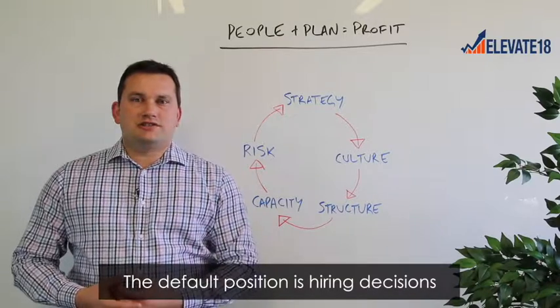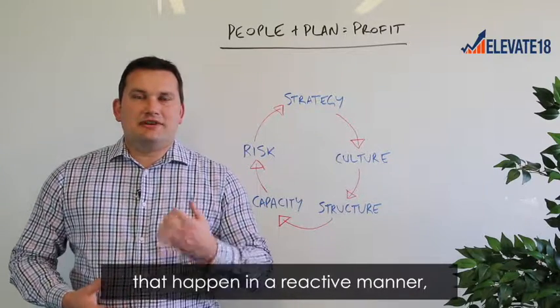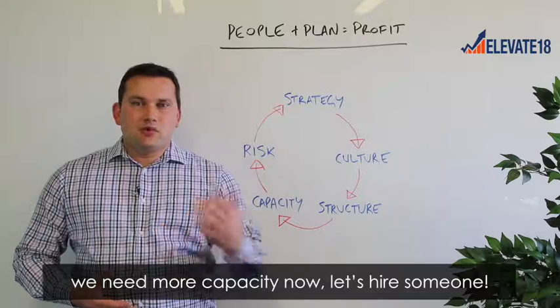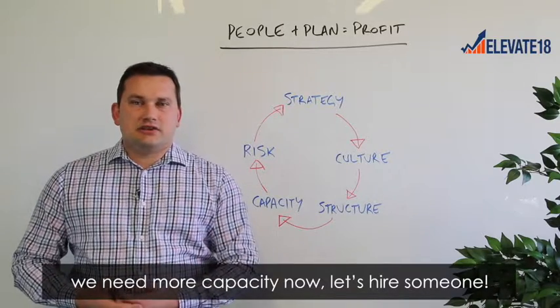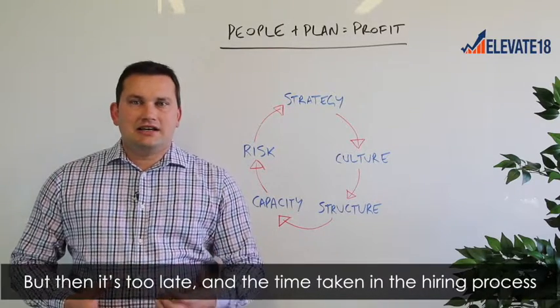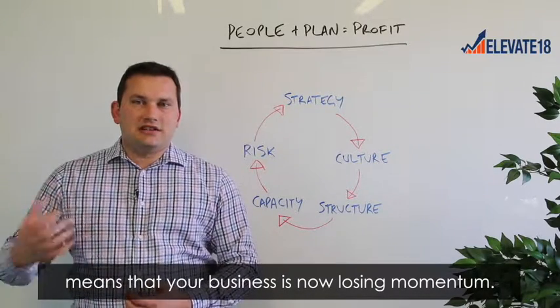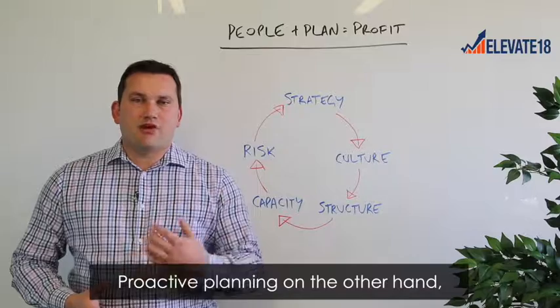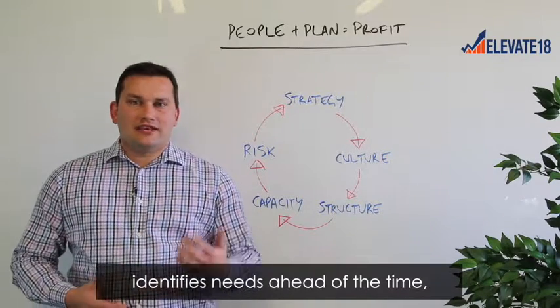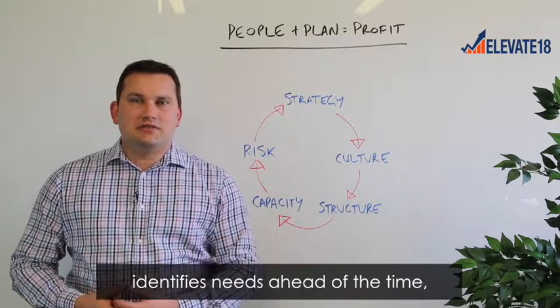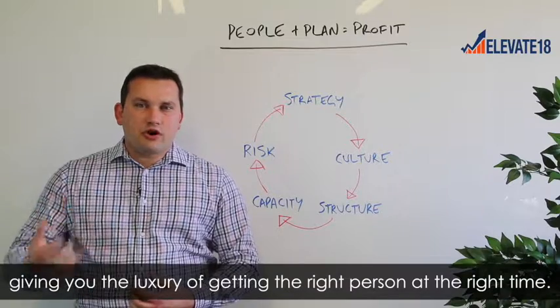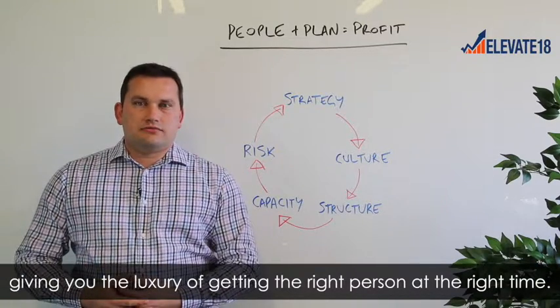The default position is hiring decisions that happen in a reactive manner. We need more capacity now, let's hire someone. But then it's too late, and the time taken in the hiring process means that your business is now losing momentum. So proactive planning, on the other hand, identifies needs ahead of the time, giving you the luxury of getting the right person at the right time.